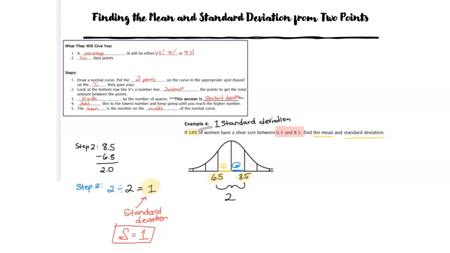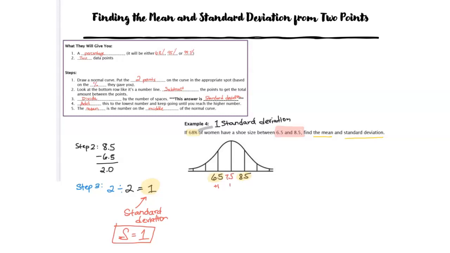Okay, so then with that 1, we're going to move on to our next step. And our next step is to add that number to the lowest number that we had. So that's where we would go ahead and add 1. So 6.5 plus 1 gives us 7.5 here.